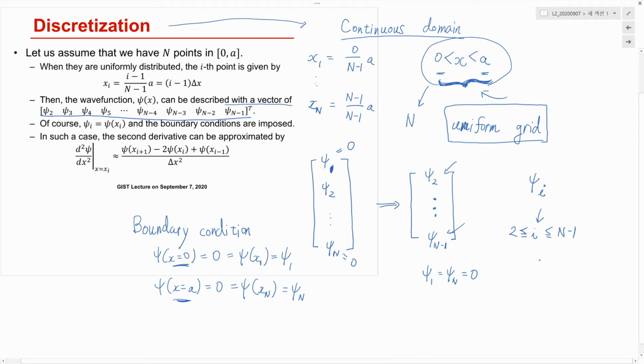So for any value of i, we can safely introduce i minus 1 and i plus 1.